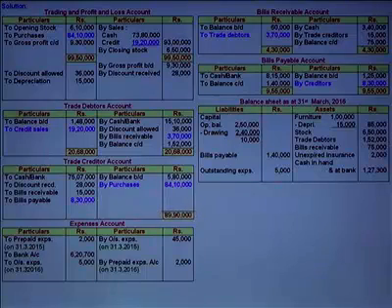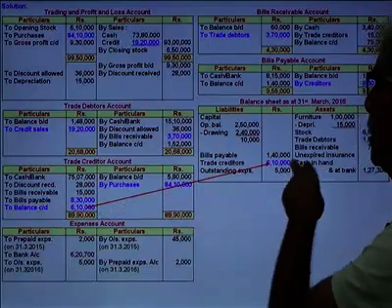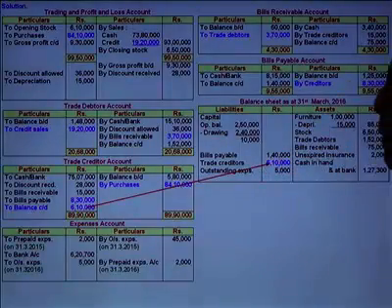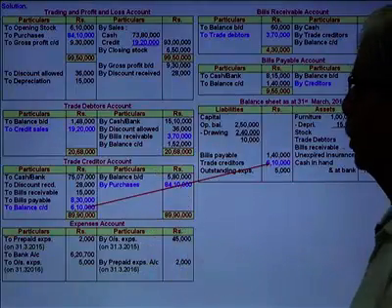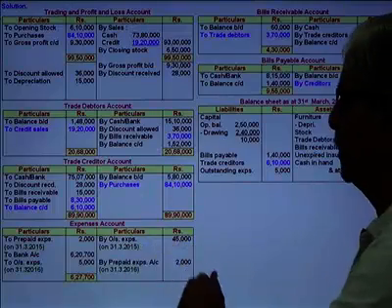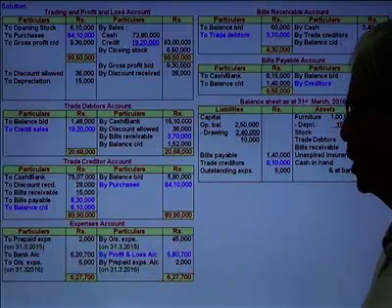This is also missing information. Now I can find out the closing balance of creditors account that will go to the balance sheet. This is how closing balance of creditors is found out and it is transferred to the liability side of balance sheet. Now expense account is yet to be closed. So total of debit minus total of credit, that is the expense for the current year that is to be debited to profit and loss account.